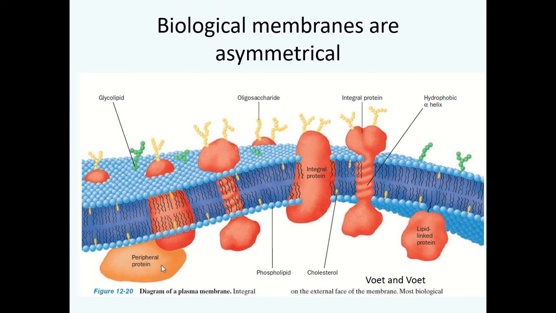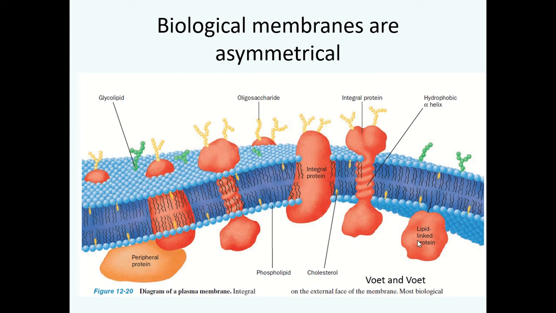And through this interaction, this protein is associated to the membrane indirectly. Such proteins which have an indirect association with a membrane are called peripheral membrane proteins. They localize with the membrane, they're associated with the membrane, but they themselves are not embedded in the membrane.